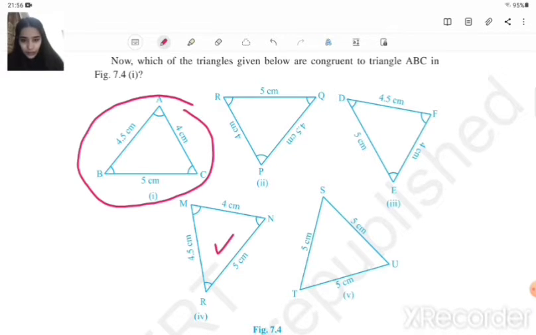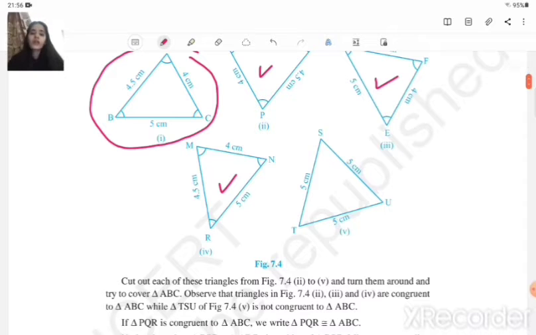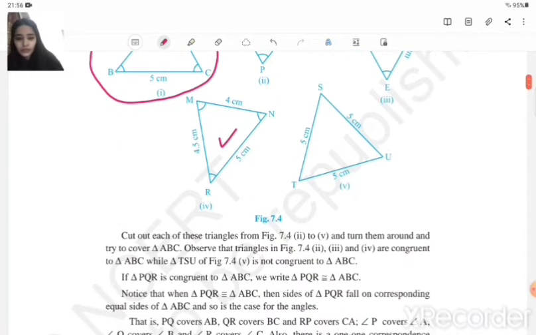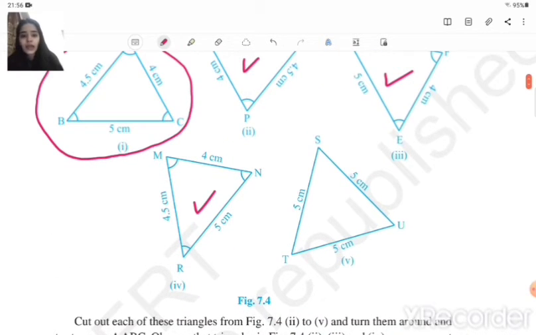So we can clearly see that 4, 2, and 3 could be the congruent figures, right? Observe these triangles. 2, 3, 4 are congruent to triangle ABC, while the fifth figure is not congruent, because its sides are 5, 5, 5, so it is an equilateral triangle.